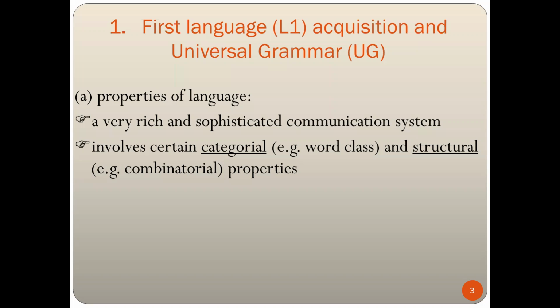We can specifically define two types of properties, what we call categorical properties and what we call structural properties. The categorical properties specifically refer to the fact that different words belong to different word classes like nouns, verbs, prepositions, adjectives, and these are abstract concepts. It is not immediately clear whether a word is a noun or a verb.